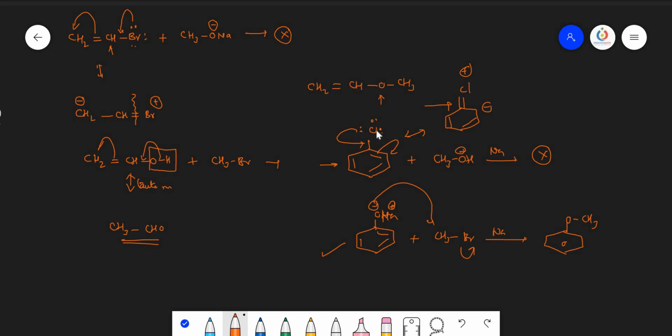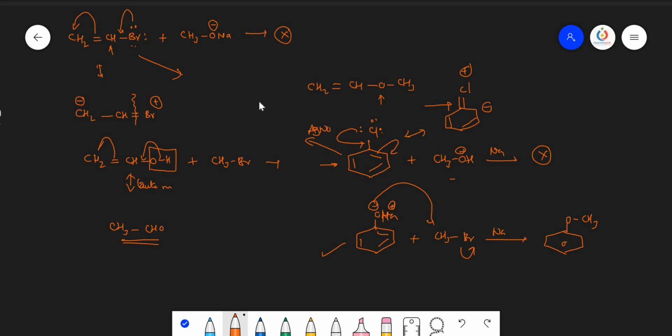So whatever alkyl halide we are taking, in the case of aromatic ethers it must be from the normal aliphatic alkyl group, but not from the aromatic halide. So aromatic halogens on reaction with alcohols do not produce ethers, but aromatic alcohols with aliphatic alkyl halides produce the ether.